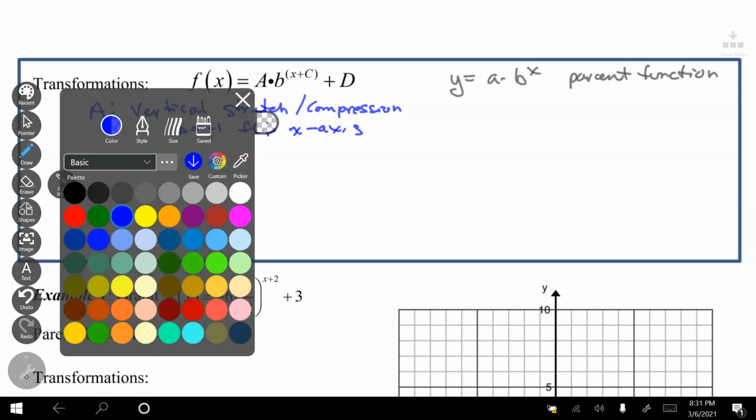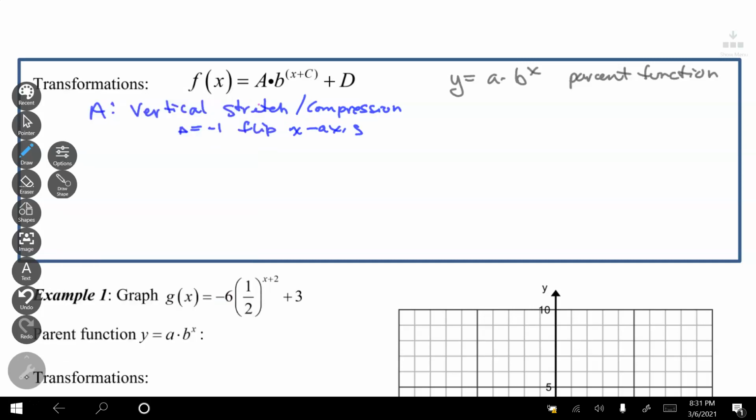But I'm going to use this idea of my parent, and I'm going to say my y-intercept is going to be (0, a) on the parent. And then I could do some other points by plugging in numbers for x.